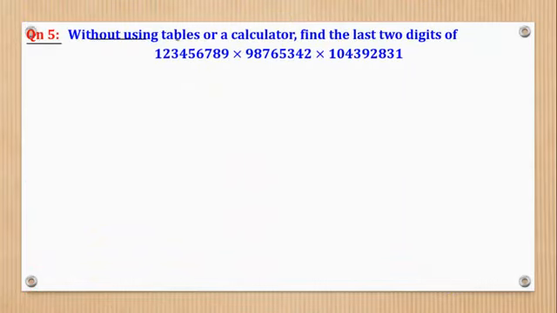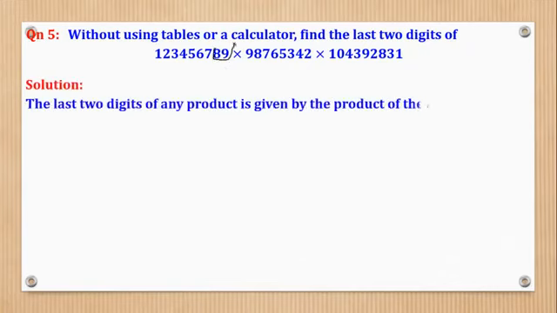Then question 5 says, without using tables or a calculator, find the last 2 digits of this. So these values are also very big, but they don't want you to use a calculator. So what do you do? You need to know a logic that if I multiply the last 2 digits of each term, I'll be able to get the last 2 digits they want.